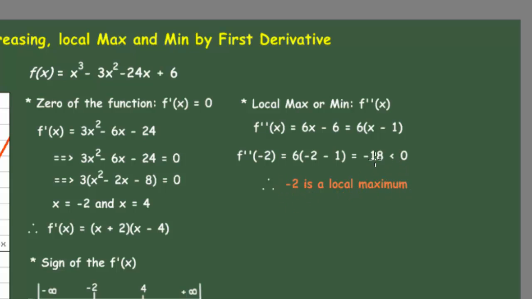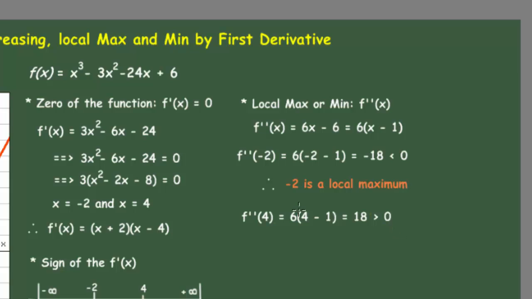Okay, that's what we got here. Now we're going to test f prime prime of 4, our other 0 of the function. The second derivative at the value 4 gives us 6 times (4 minus 1). This is 3 times 6, which is 18, and 18 is bigger than 0.